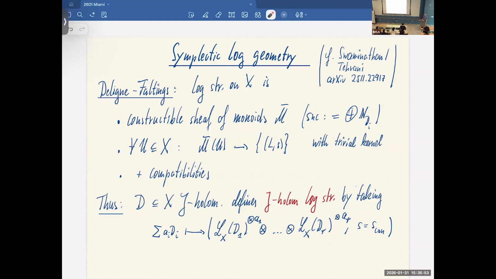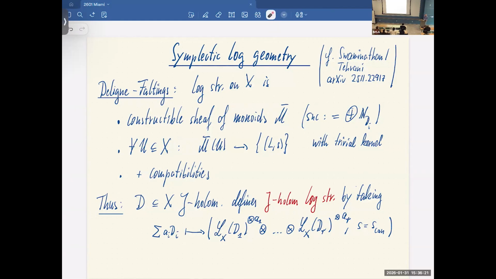But morally, you should think, of course, in an algebraic geometric situation, if you have a normal crossings divisor, this L is just this O_X(D_i), or O_X of some a_i D_i. And then these compatibilities are captured by saying that it has a chart and so on.